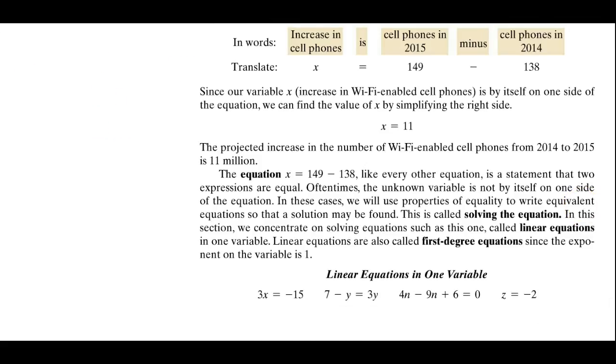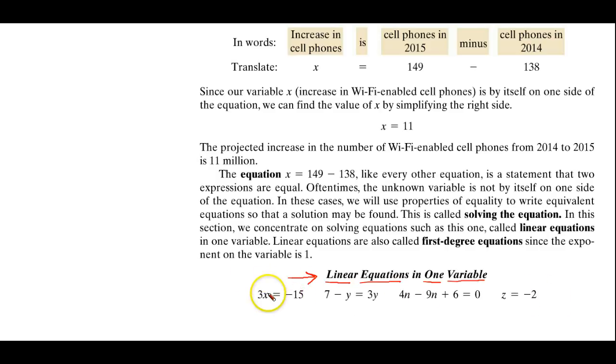Now, there are different types of equations. The type we'll be studying in this course are linear equations, right now in only one variable. So here we see equations because of the equal sign. There's an expression on one side and on the other.